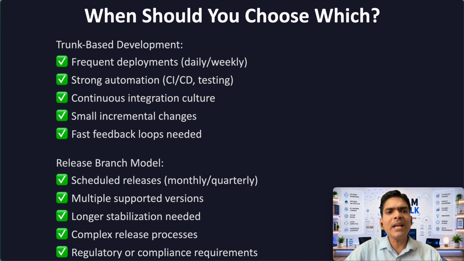So, when should you choose each approach? Choose trunk-based development when you have frequent deployment, daily or weekly releases planned, strong automation, mature CI/CD pipelines, and comprehensive testing, a continuous integration culture, a team comfortable with frequent merges, small incremental changes.